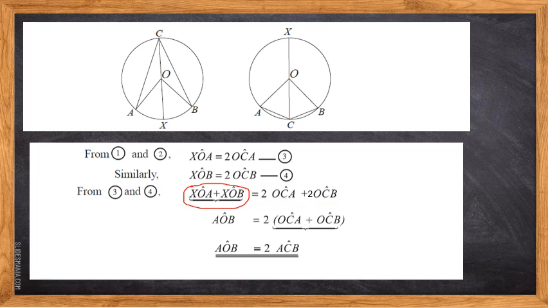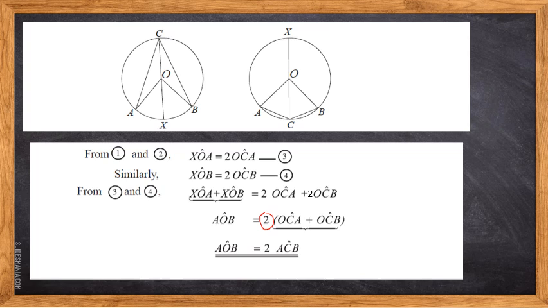Right. If we look clearly, XOA is this, XOB is this. Then when you add those two you get AOB angle. Then on the other side we have twice OCA plus twice OCB. We have taken 2 out.